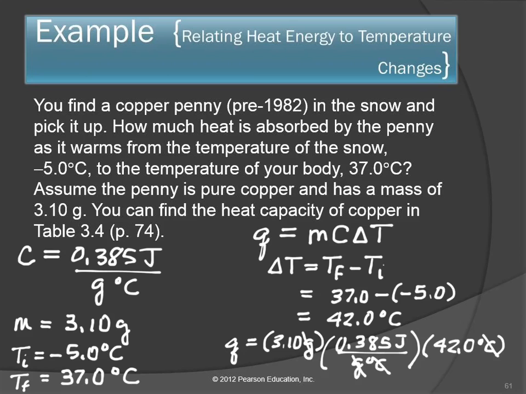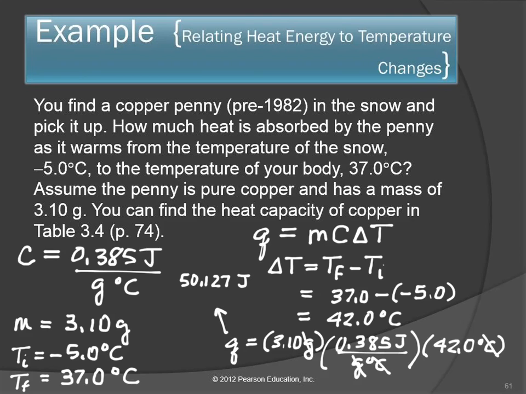And heat is energy. So we'll take the calculator, 3.10 times 0.385 times 42 equals, and I don't really have a good place to write that. I'm going to write it up here in the middle. My calculator says 50.127. And the unit would be joules.